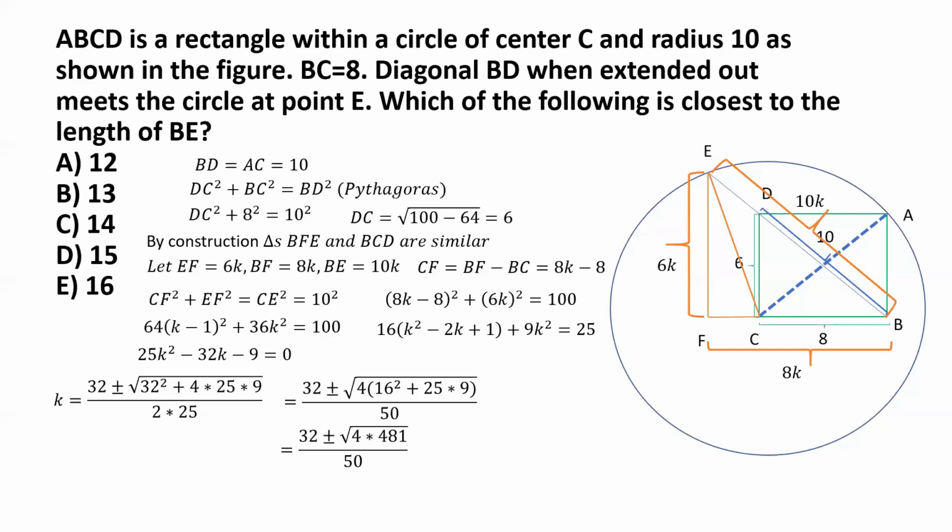So 21 square is 441, and then 22 square is 484, which is closest to 481. So we can write this approximately as 32 plus minus the square root of 4 multiplied by 484, and in the denominator, we still got 50. So now we have in the approximation a perfect square within the square root term. So we can express that as an integer, and this is what comes to 32 plus minus 44 divided by 50.